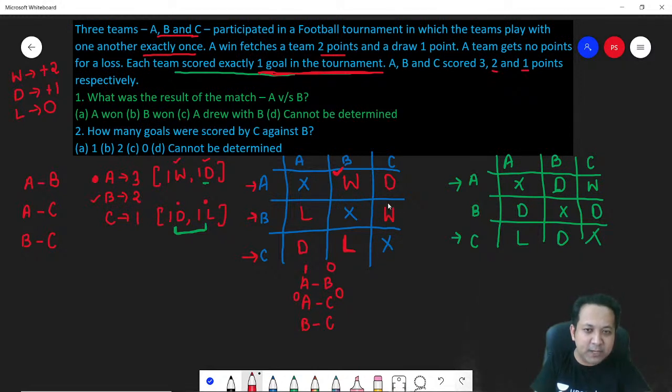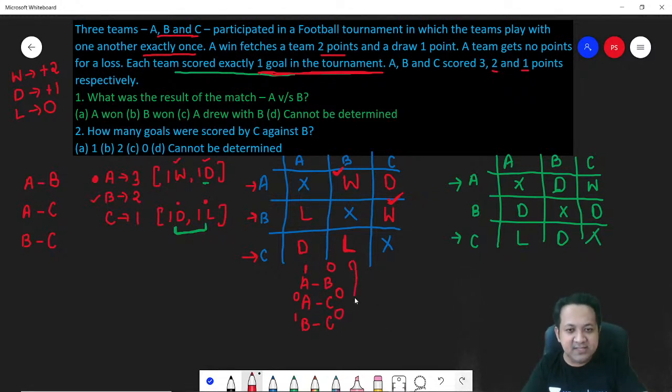B wins against C. B cannot be at 0, because then C would also be at 0 and it would be a draw. But B is winning, so B would have made 1 goal. If B makes 1 goal, C is losing, so C would be 0.